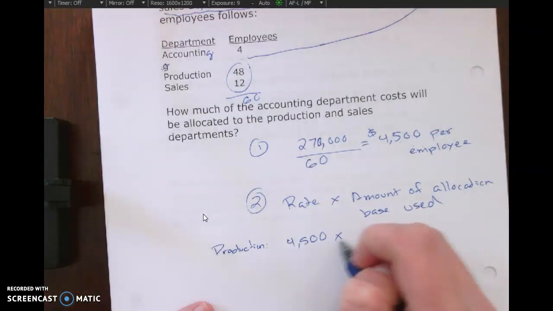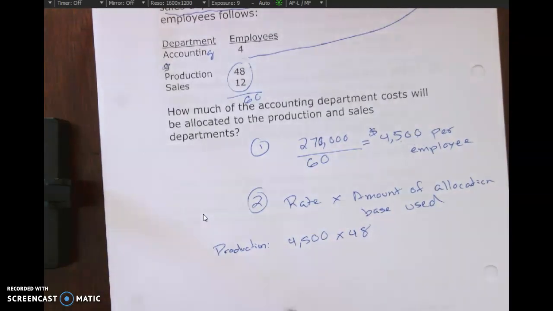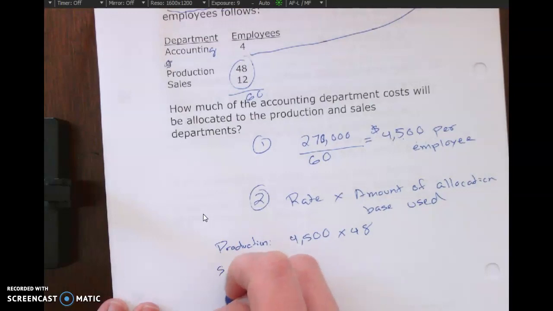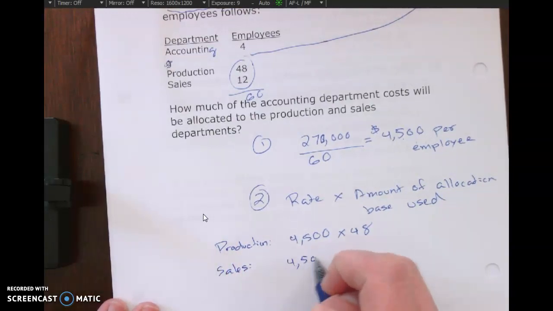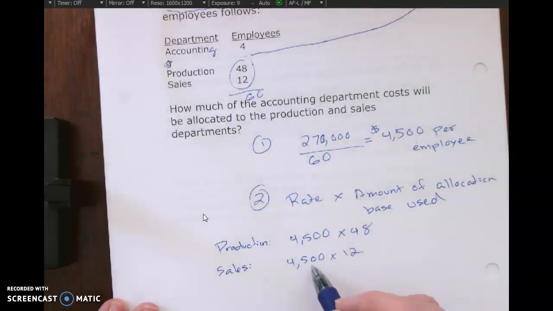So we just come over here, 4,500 times 48, okay? And that's how much goes to production. And then if we look at sales, it's our $4,500 per employee times the 12 employees in sales. And then that's how much goes to our sales right over here, okay?